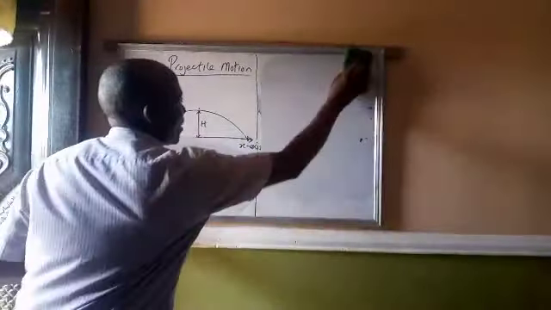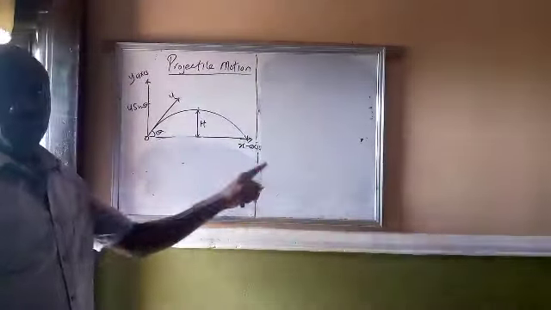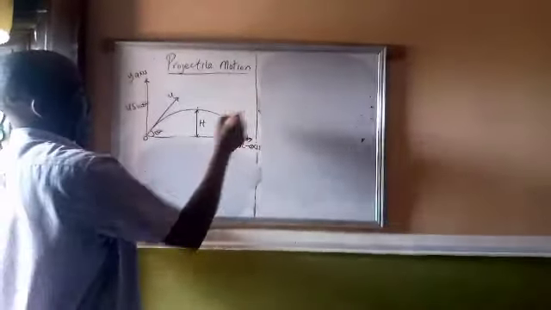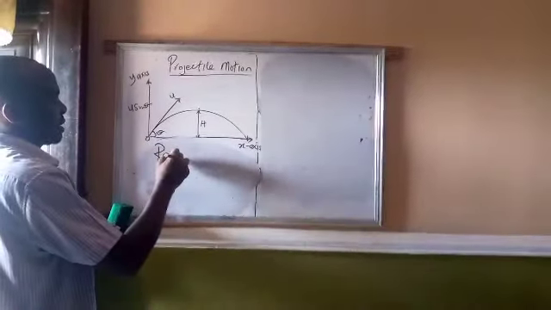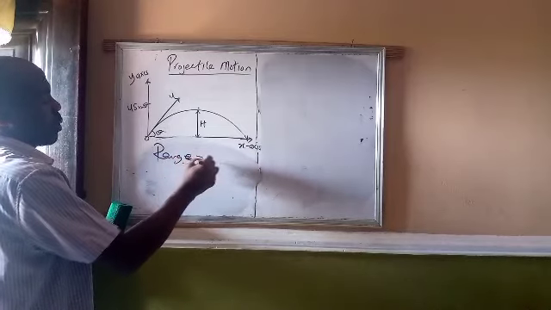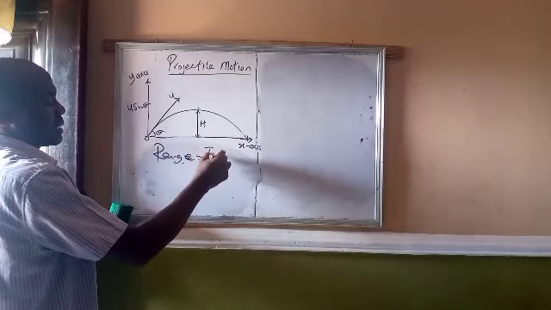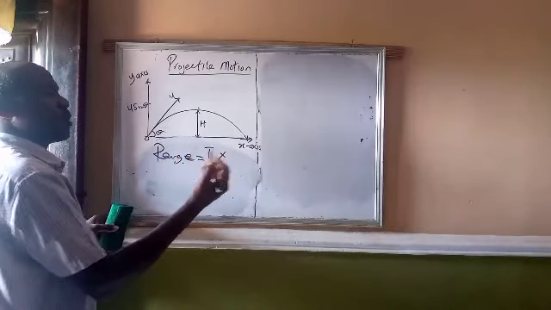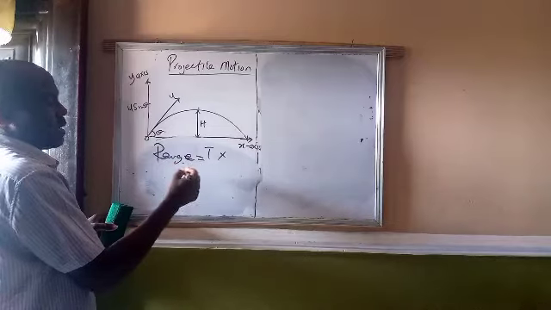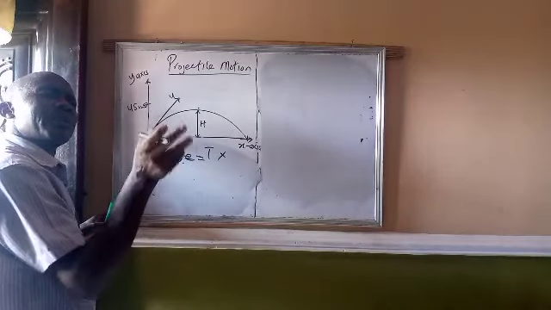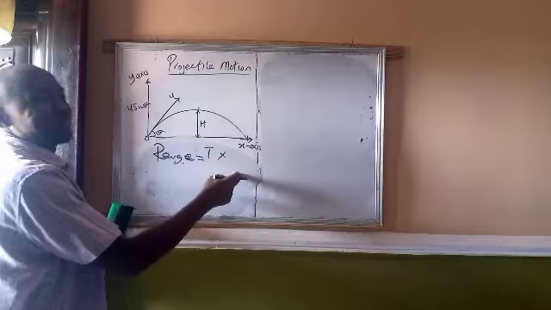The range is the horizontal distance the object covered. You go by saying range equals time of flight times, from what we know, velocity equals distance over time, so distance equals velocity times time.